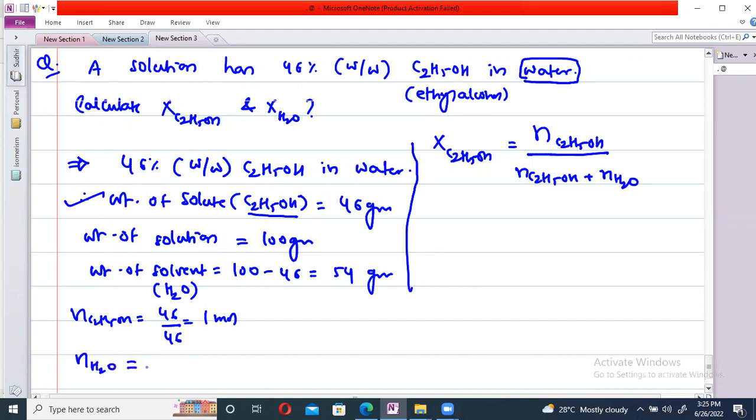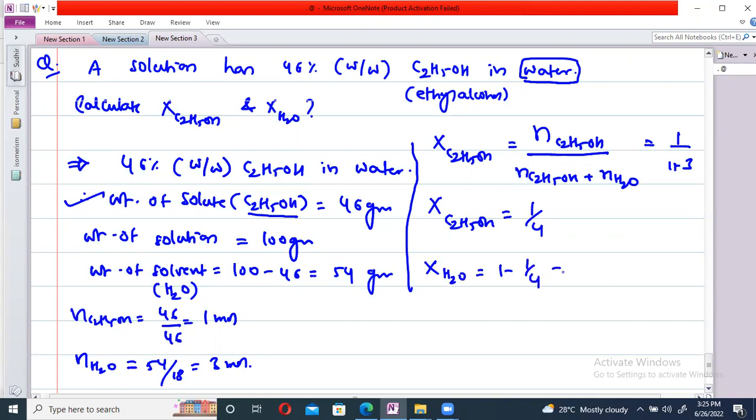Number of moles of water is 54 by 18, which is 3 moles. So it is 1 by 1 plus 3, so the mole fraction of ethyl alcohol is 1 by 4. That means the mole fraction of water is 1 minus 1 by 4, that is 3 by 4. We are able to calculate the mole fraction of ethyl alcohol and the mole fraction of water.